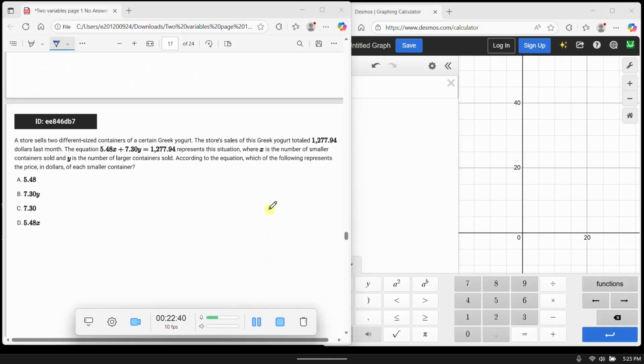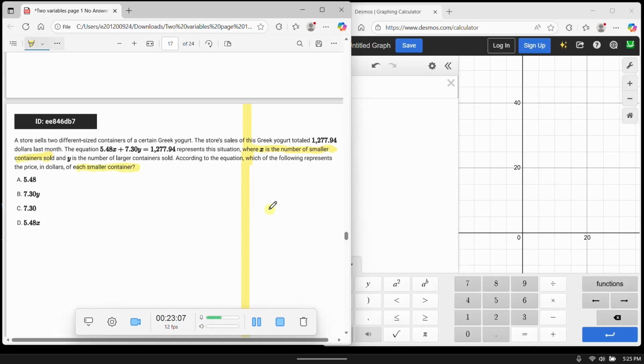The question is very wordy, but it's very easy if you read the question. They also give it to you: X is the number of smaller containers. And they want to know which of the following represents the smaller container.